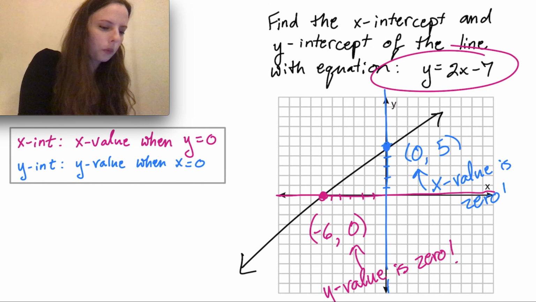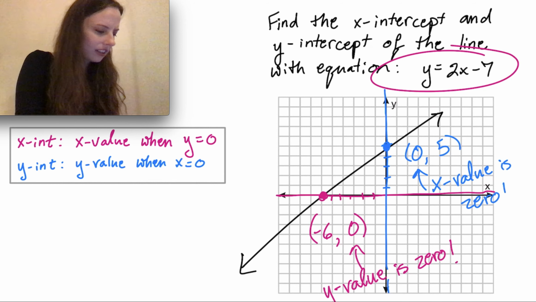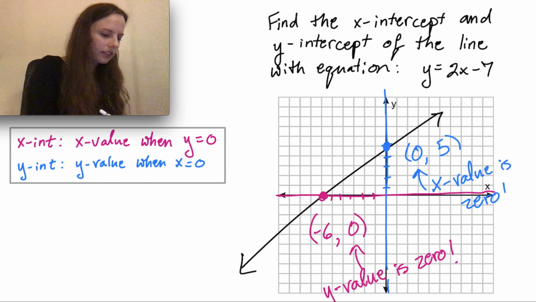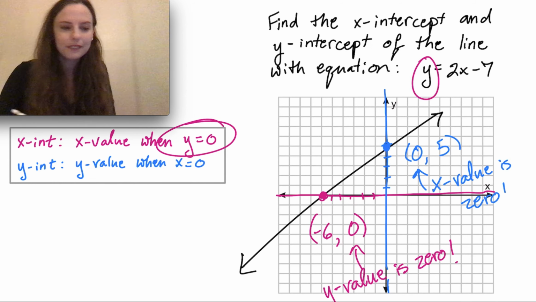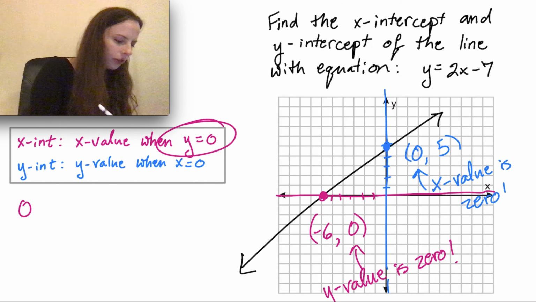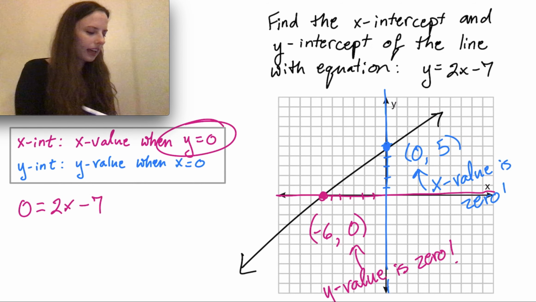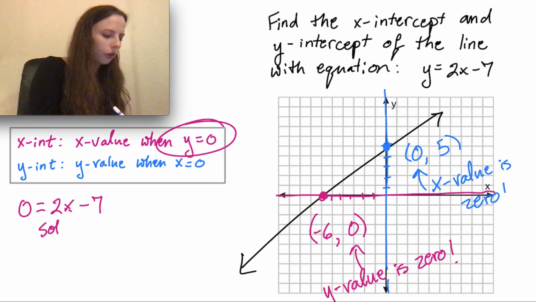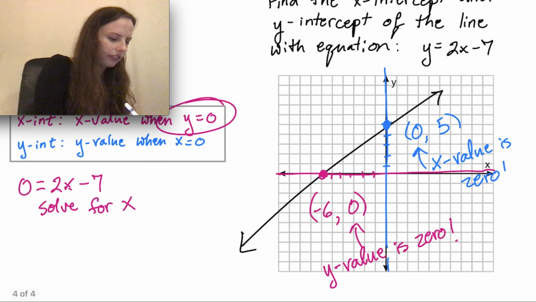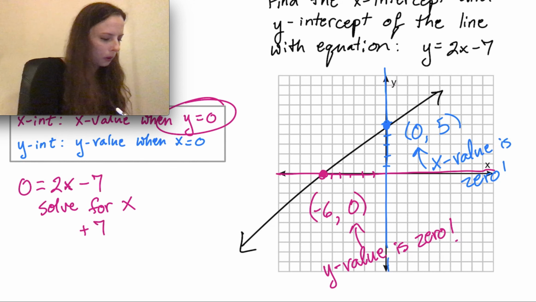So we have y equals 2x minus 7. Let's start with the x-intercept. We want to plug in 0 for y. So we're going to have 0 equals 2x minus 7, and then we will solve for x. We would solve for x by adding 7 to both sides.